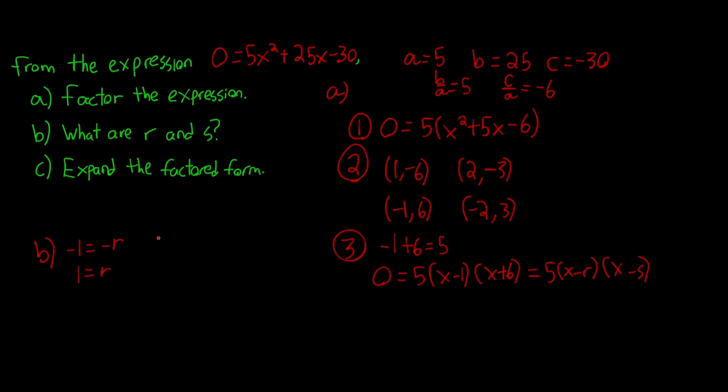And then we also see that 6 is equal to negative s. Now that means that negative 6 is equal to s. So what do r and s actually mean? Well, in terms of quadratics, 1 and negative 6 are going to be the zeros of the function, or where the function intercepts the x-axis. This is an important concept that we're going to come back to time and time again.